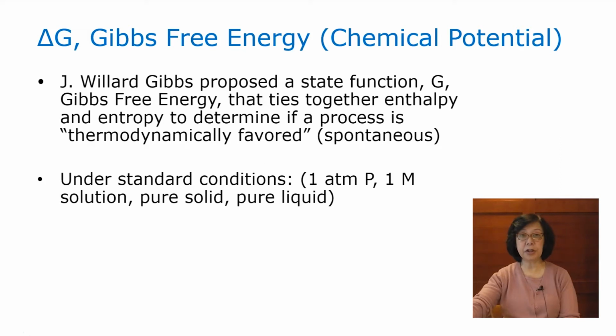Under standard conditions, which means 1 atmosphere pressure for gas, 1 molar for solutions, or pure solid, pure liquid, delta G naught equals delta H naught minus T delta S naught. The little naught circle means at standard state. That means the change in Gibbs free energy is equal to the change in enthalpy minus temperature in Kelvin times the change in entropy.